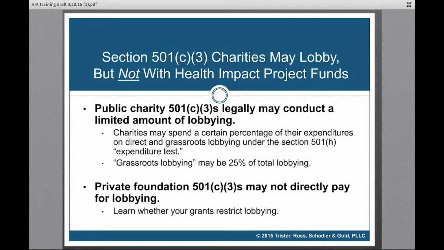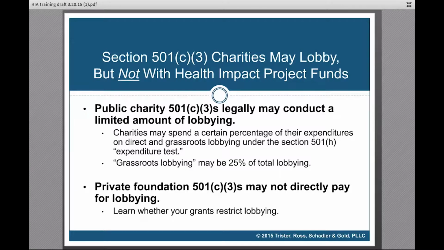People don't know where that line is between lobbying and non-lobbying, so they stay far behind the line, which frustrates the organizations, frustrates the policymakers you're trying to influence, and frustrates your funders who want you to be able to use all of their grant funds to the maximum extent possible.